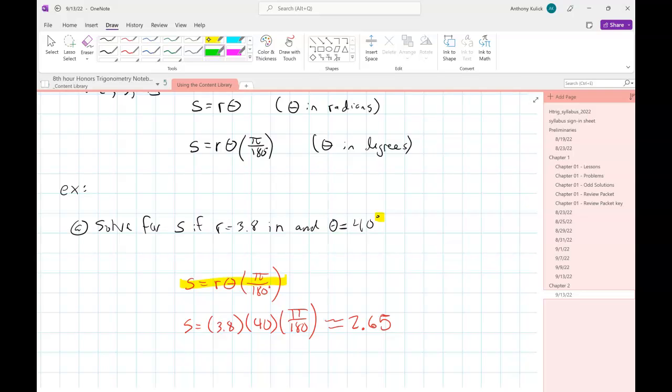Well, it's the length of an arc. Inches. Why inches? It should match the unit of length in the problem, right? Everybody's cool with that?